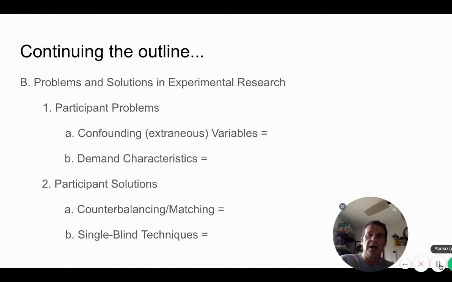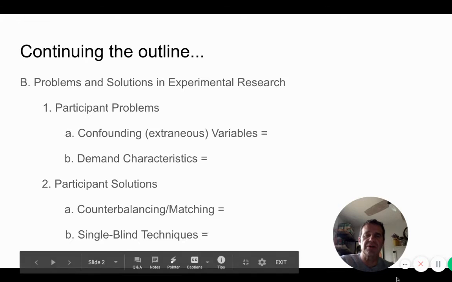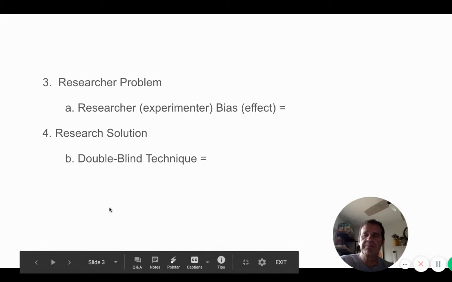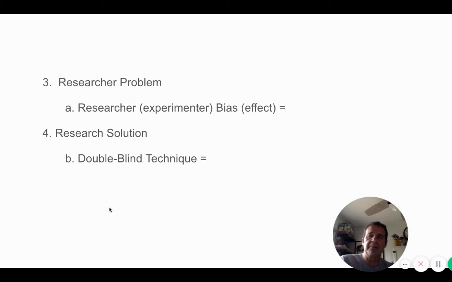Okay, the experimenter can also cause a problem in the research. We call it researcher bias or experimenter effect, sometimes called experimenter bias or researcher effect. The researcher problem that we want to address could be any of those combinations, researcher bias, we'll say it for now.